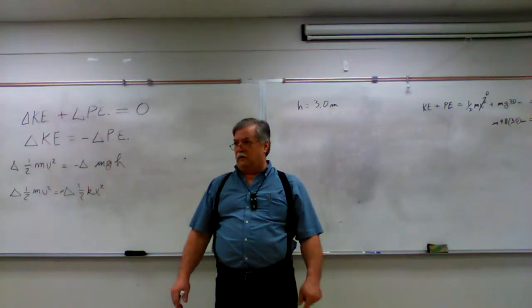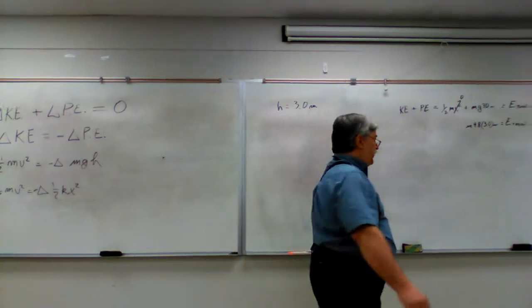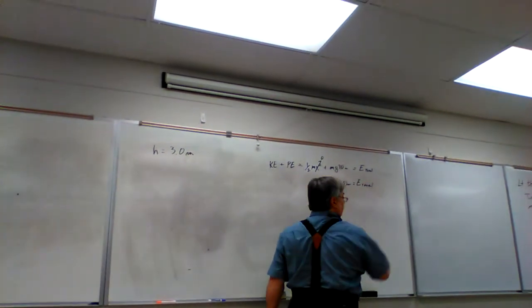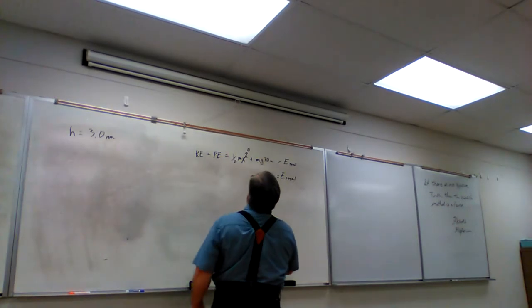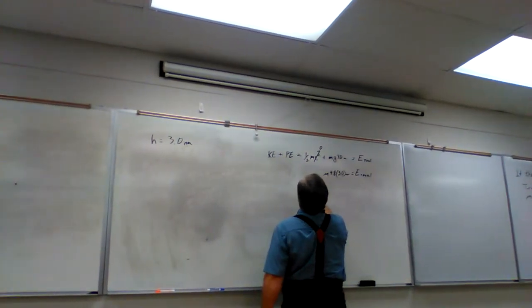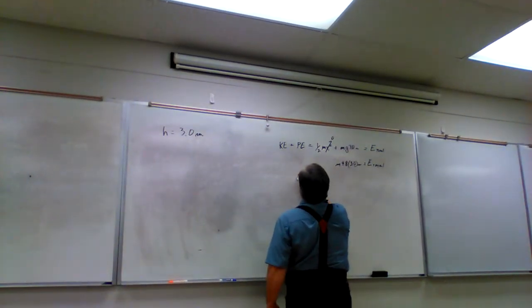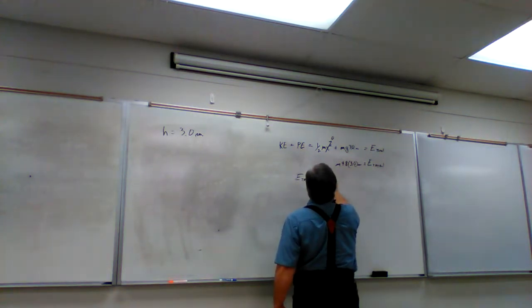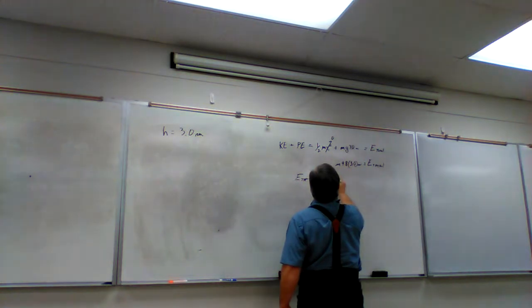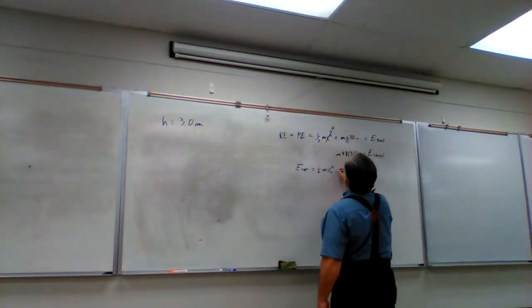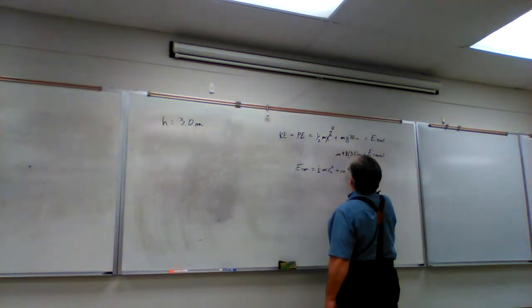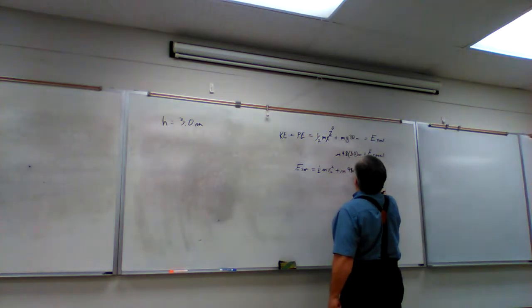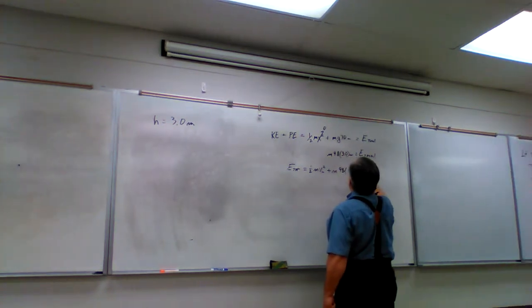Now we need to know what is its total energy once it's fallen to a height of 1 meter. Now it's going to be equal to ½ m v1 meter squared plus m times 9.8 times 1 meter.